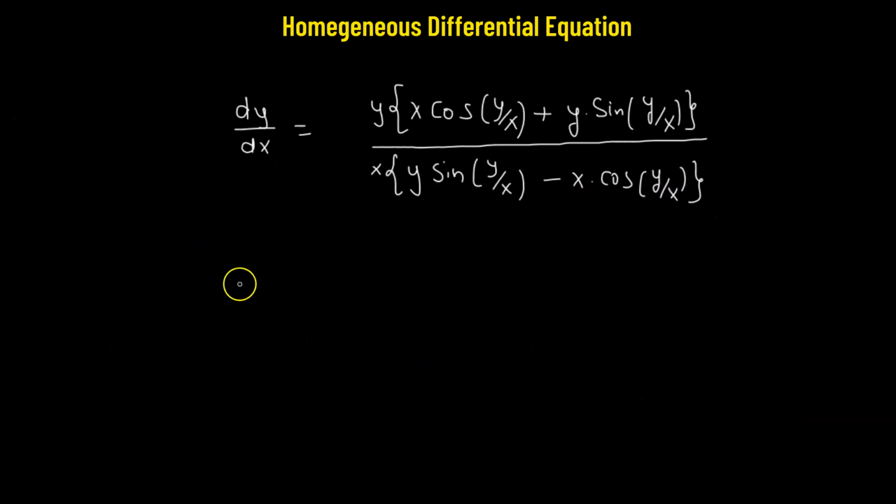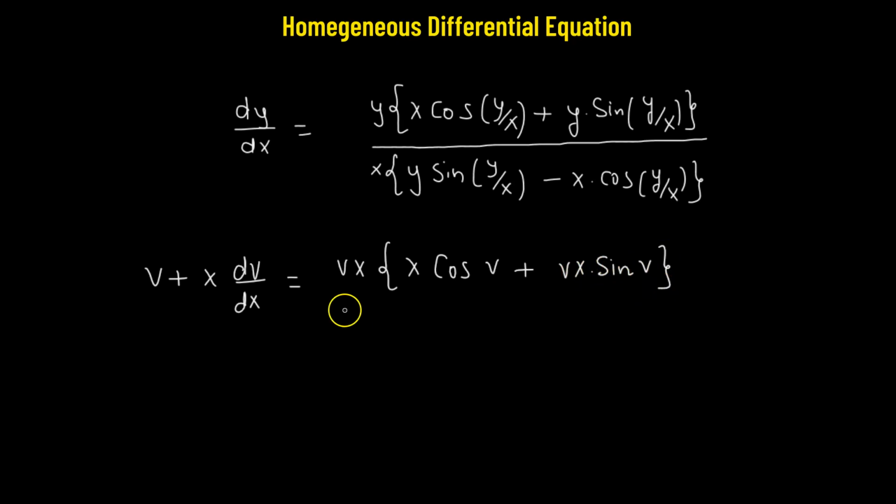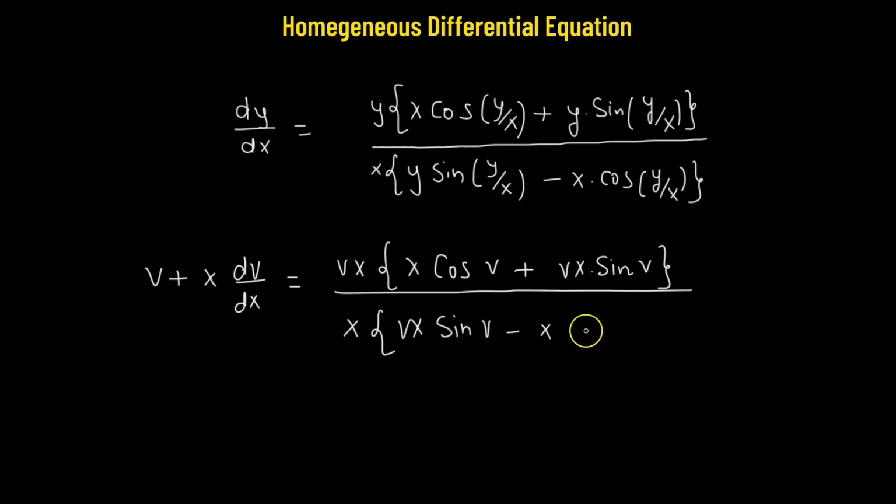So we have v plus x times dv over dx equals, in place of y, v times x multiplied by x times cosine v, plus v times x multiplied by sine v, the whole thing divided by x times v times x times sine v minus x times cosine of v.